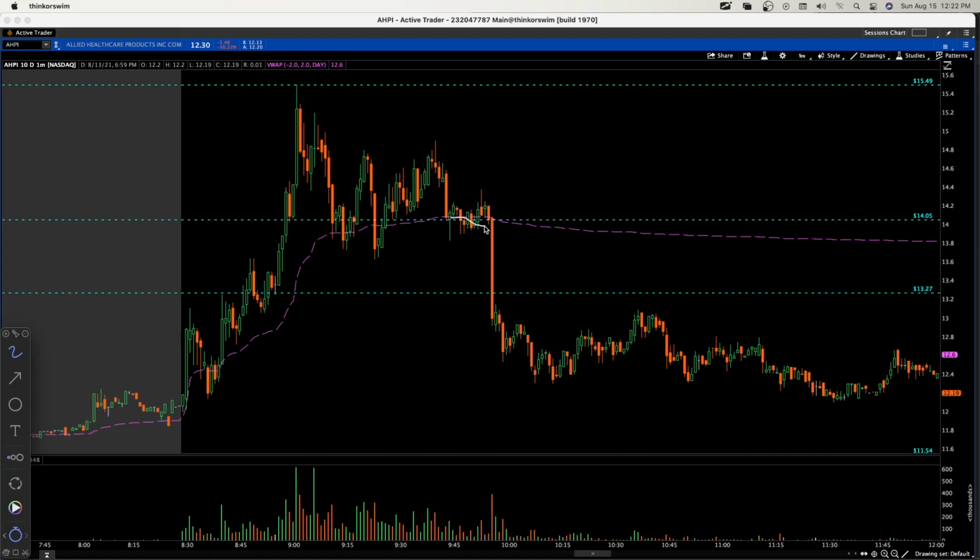Even though the stock is trading sideways, if you didn't have VWAP on here, you wouldn't see that the volume weighted average price was getting accumulated on the way down, basically. They're leveraging down.